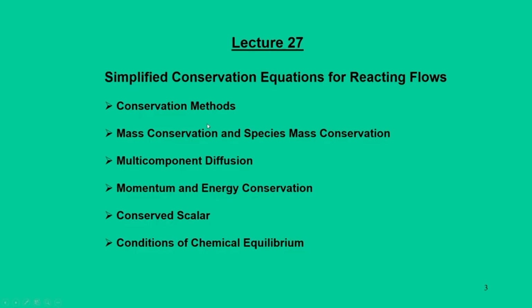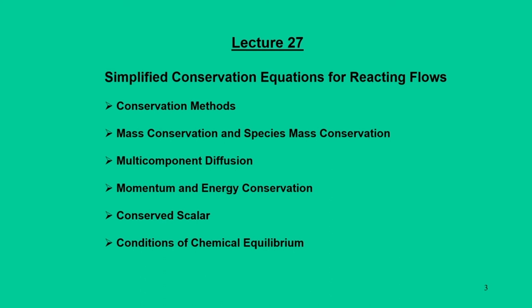So, in today's discussion, we will be looking at the simplified conservation equations for reacting flows. We will talk about mass, energy and momentum conservation. Then we have mass conservation as well as species mass conservation, because here the conventional mass conservation differs for a combustion system in that the reactants break and form products.